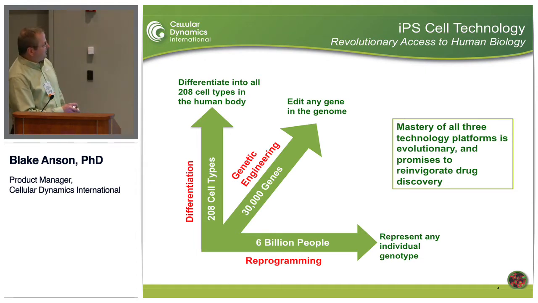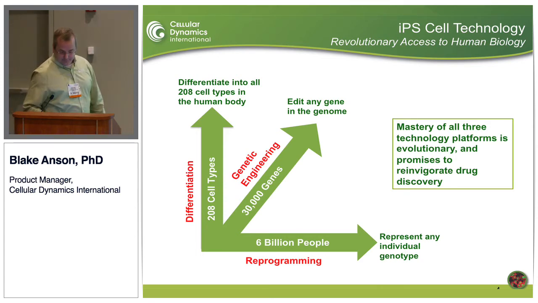So we've got all the cells, all the genotypes, and then if we want to, we can go in and do genetic engineering, which we won't talk about too much today, and manipulate any of these genes as well. So you're able to get all of the biology and all of the conceivable manipulations or investigations that you may want to do.